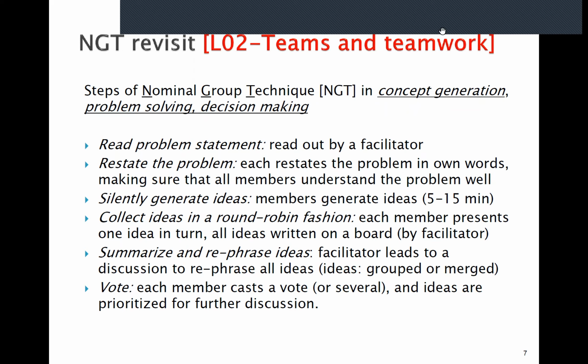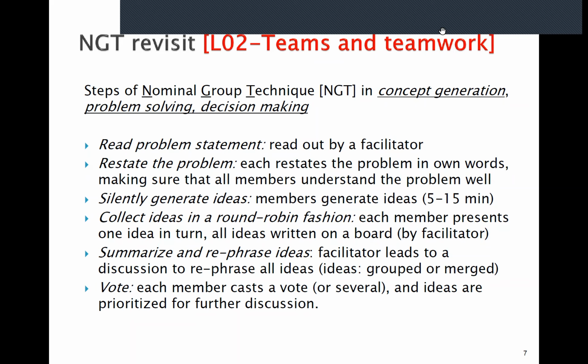There are 5 or 6 stages in nominal group technique: reading the problem statement, restating the problem, silently generating ideas, collecting ideas in a round-robin fashion, summarizing and rephrasing ideas, and voting. There should be a facilitator in NGT, so some of the team members should be presiding over the NGT session.